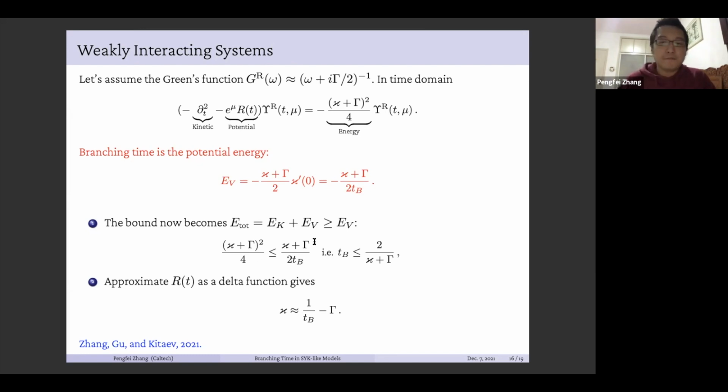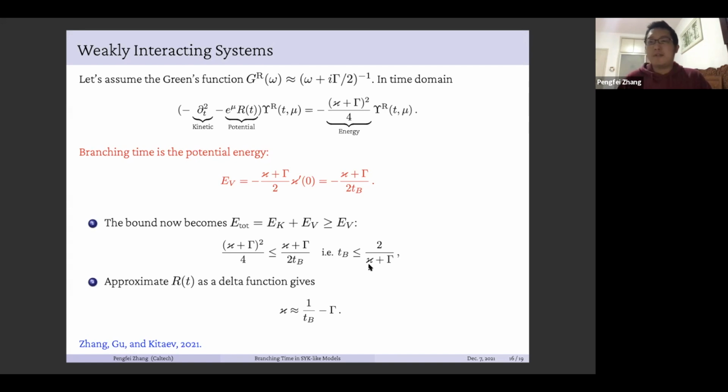Using these formulas, we directly get such a bound for the branching time, which is smaller than 2 over the Lyapunov exponent plus this capital Gamma, which is the decay rate for the quasiparticle. Comparing to the previous result, instead of 2 over the Lyapunov exponent, now we find 2 over the Lyapunov exponent plus Gamma.